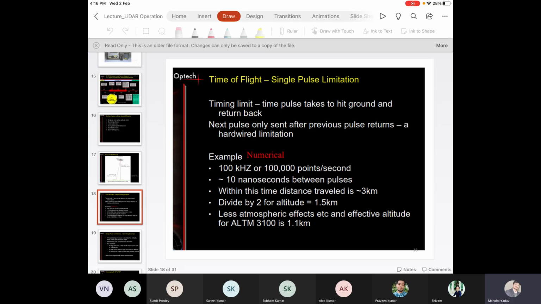It means you can't fly your aircraft beyond 1.5 kilometer. And even if you incorporate some losses, it will further reduce to 1.1 kilometer. Okay, so at 100 kilohertz, 1.1 kilometer is the maximum height at which you can fly your aircraft.